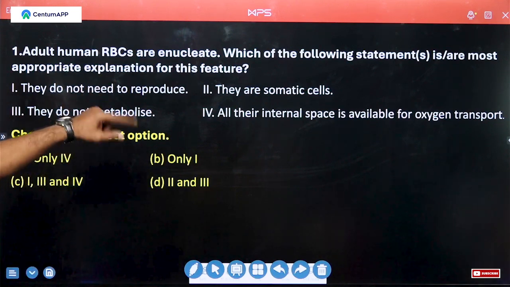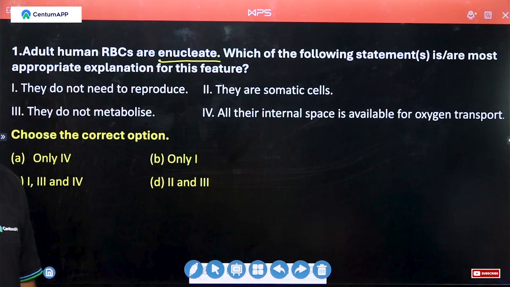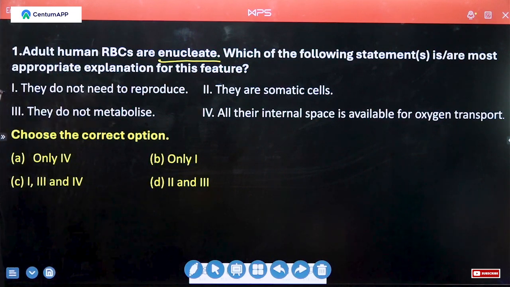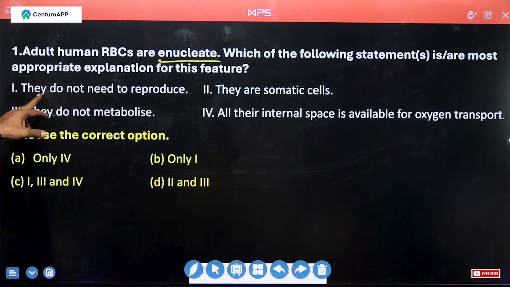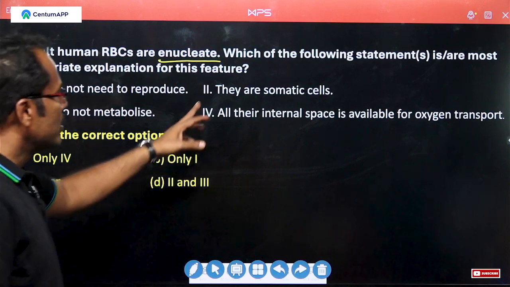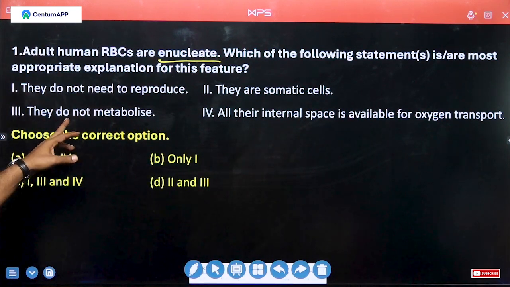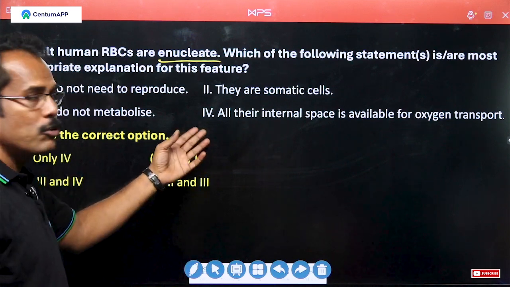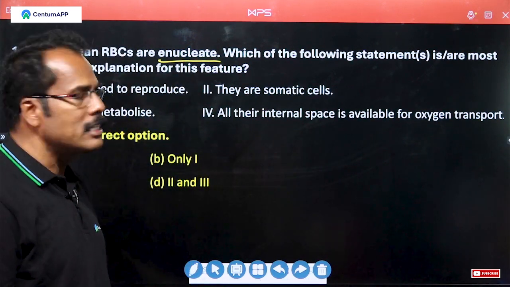Here, enucleate means the absence of a nucleus. The options are: they do not need to reproduce; they are somatic cells; they do not metabolize; and all their internal space is available for oxygen transport.